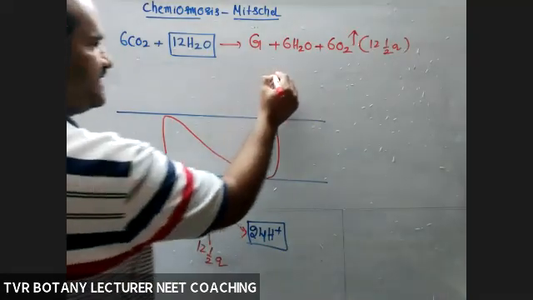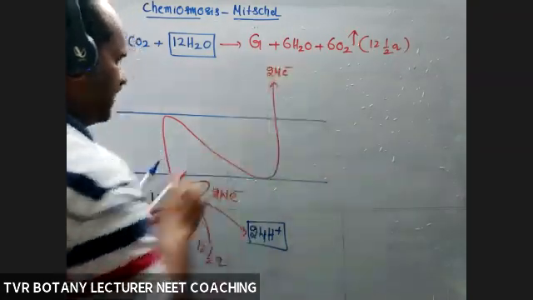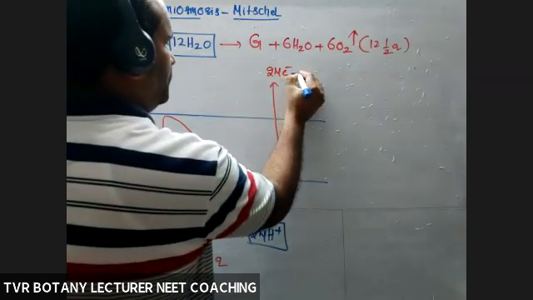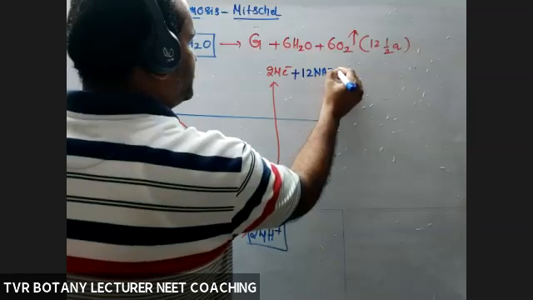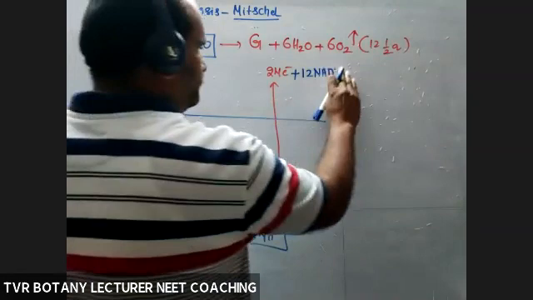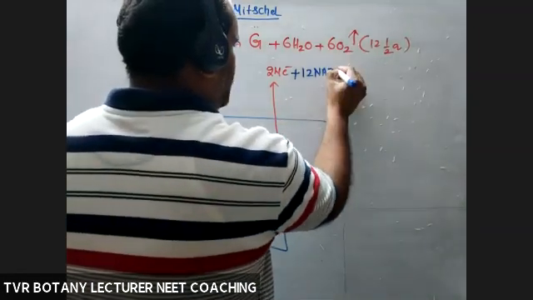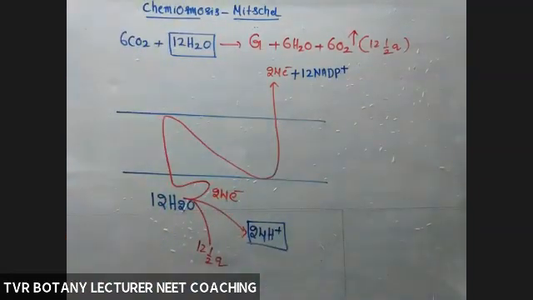So how many electrons are available? 24 electrons, plus 12 molecules of NADP plus, which is in the oxidized condition and able to accept electrons. That is very, very important. After this, we have to know electronegativity or redox potential values.